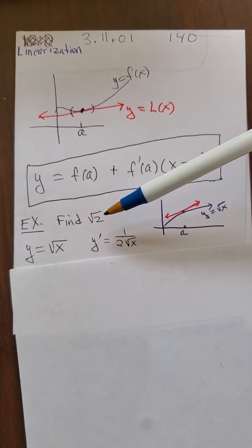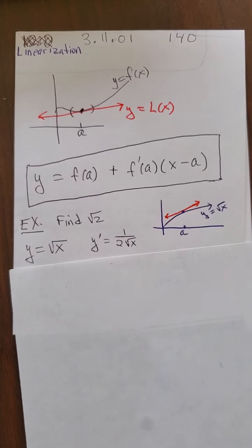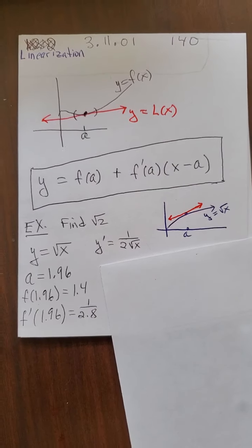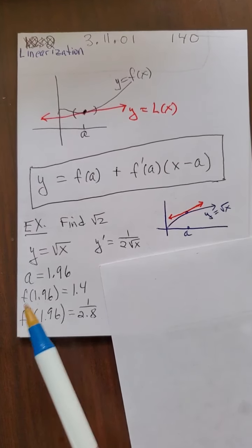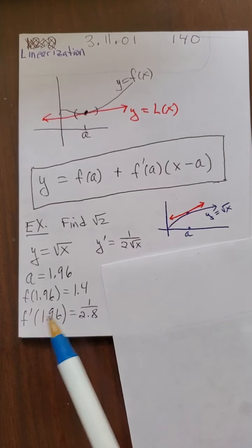I remember when I was in 8th grade, we had to memorize all the perfect squares. And I remember 14 squared was 196, which means 1.4 squared is going to be 1.96. So I'm going to let a equal 1.96. Well, if a is 1.96, f of a, which is the square root of a, is 1.4.